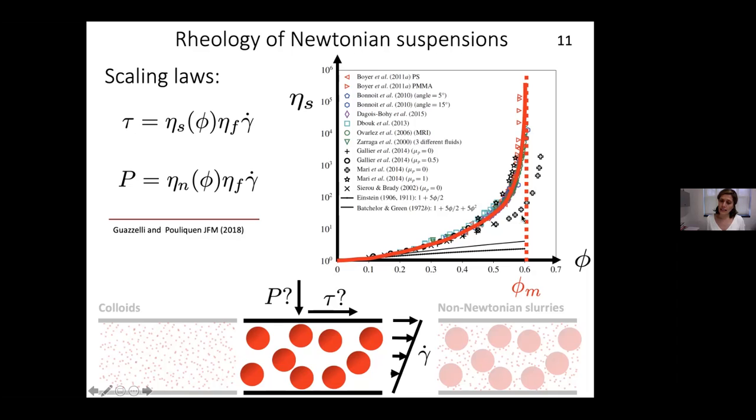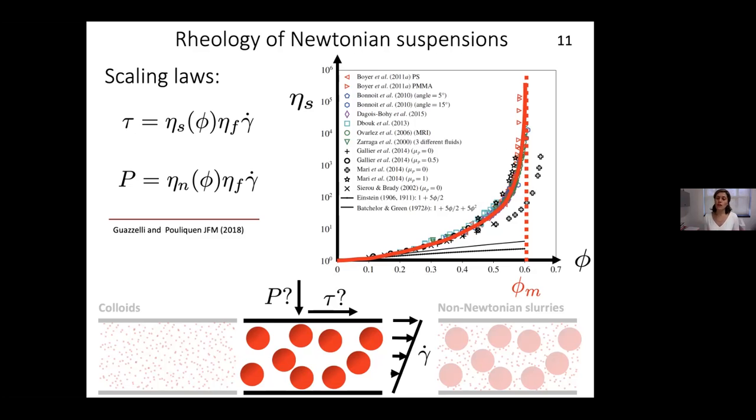As you can see, a small change in the solid volume fraction of the particles close to this phi m results in a huge variation in the relative shear viscosity. And basically, it's been shown that we have the same divergence for the normal viscosity.